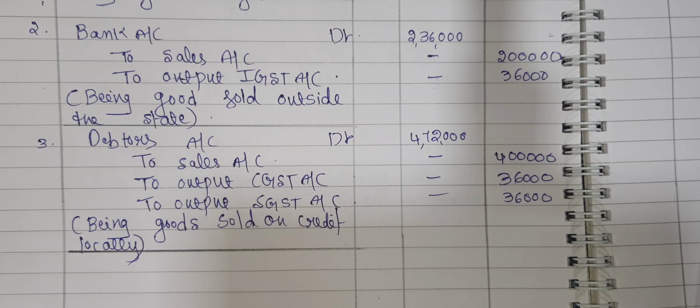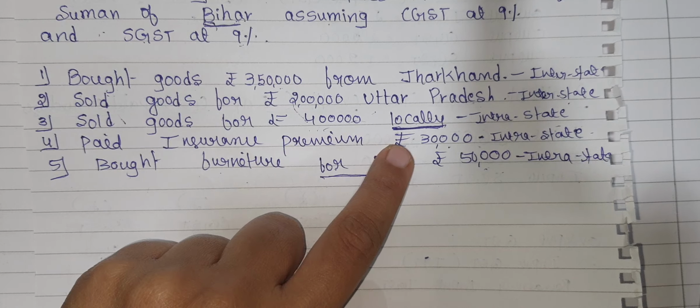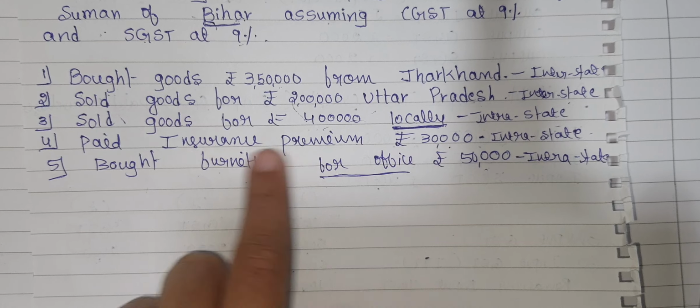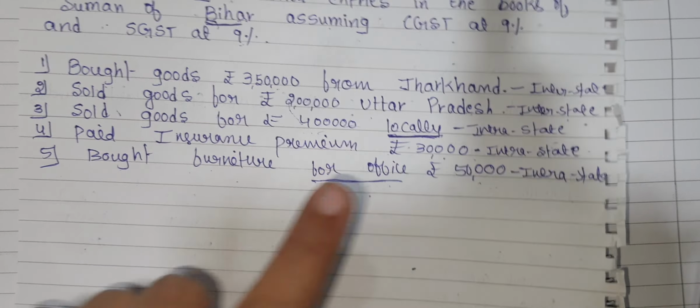Now the next transaction is paid insurance premium of rupees 30,000. Paid insurance premium in Bihar means this is an intrastate transaction.